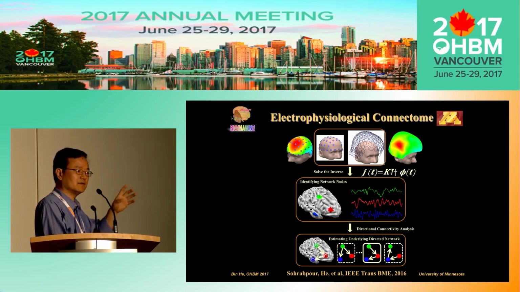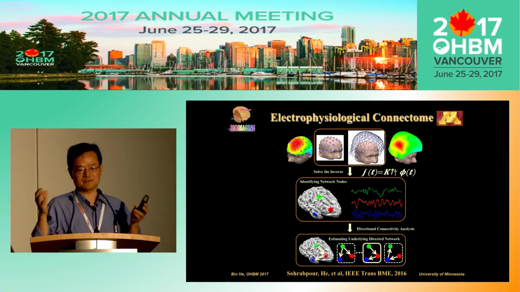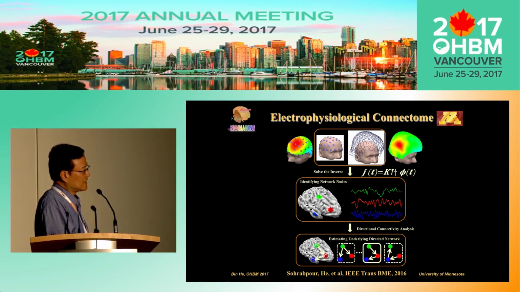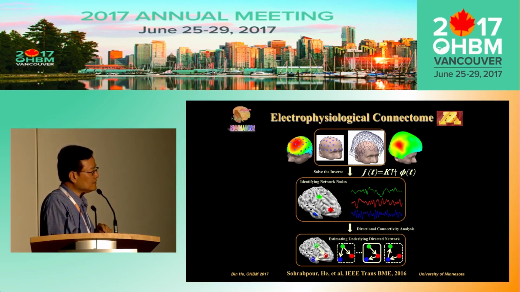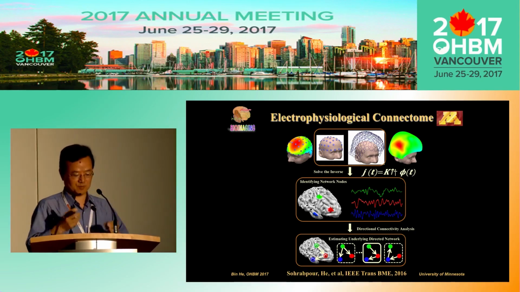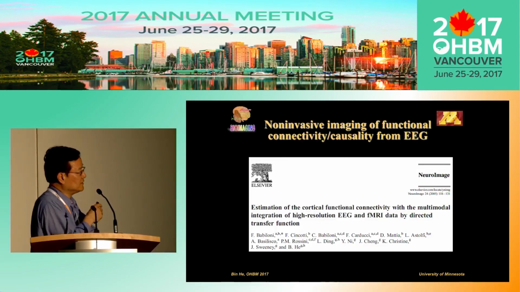There are two kinds of functional source imaging which involve inverse activity imaging. One is where the source location is fixed. And in another work that we just did, you could make these nodes dynamic depending on your inverse source imaging, and then perform the connectivity imaging.